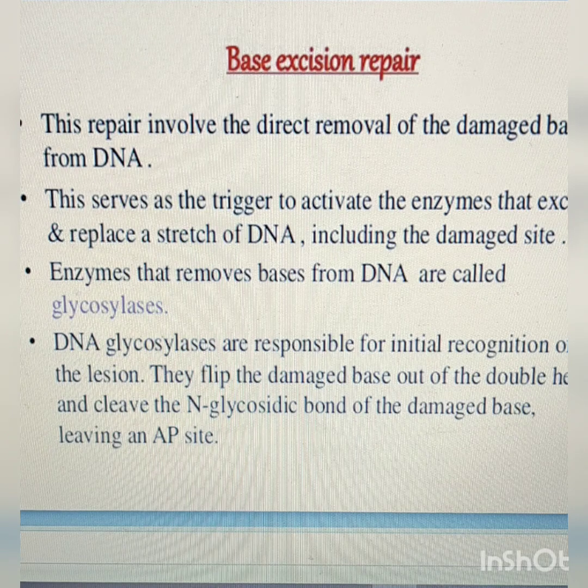Point it, glycosylases. DNA glycosylases are responsible for initial recognition of the lesion. They flip the damaged base out of the double helix and cleave the N-glycosidic bond of the damaged base, leaving an AP site, that is a apurinic site or an apyrimidinic site.